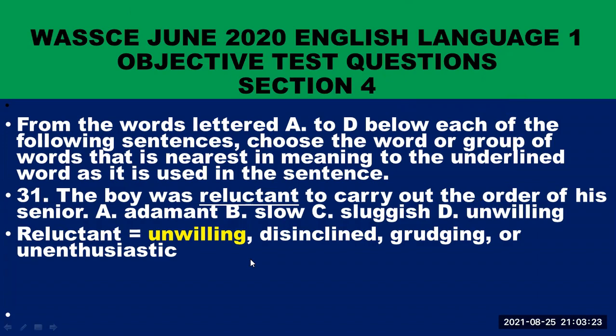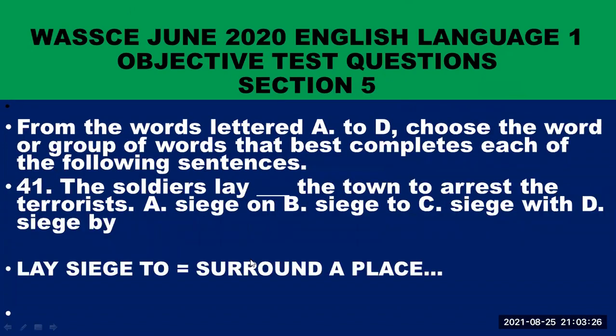Now let's go to section 5. From the words lettered A to D, choose the word or group of words that best completes each of the following sentences. All right, so here we are dealing specifically with collocation, words that best complete. Here we are looking at when you have a group of two or more words that tend to be frequently used together in English sentences.